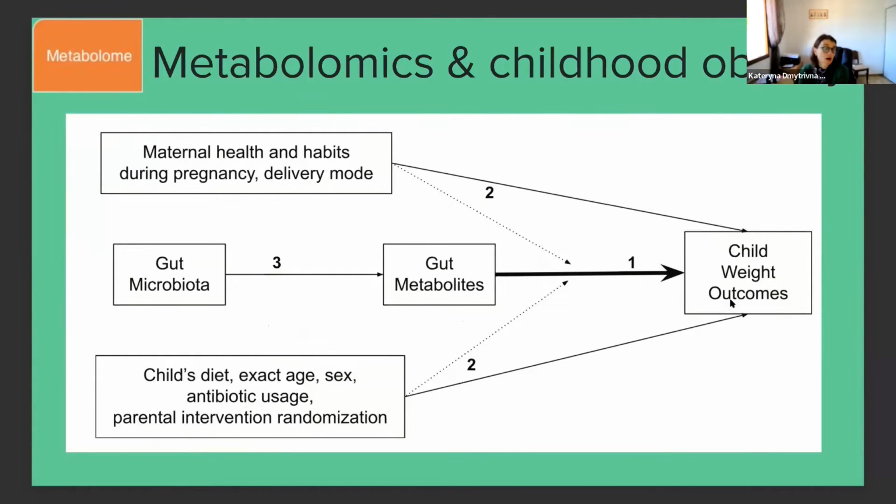And we also are considering the maternal health and habits during pregnancy, delivery mode, but also child's diet, antibiotic usage, and so on. But when we talk about the gut metabolites, we frequently think about the metabolites that are contributed by the host, but also that are contributed by the microbes of the gut.